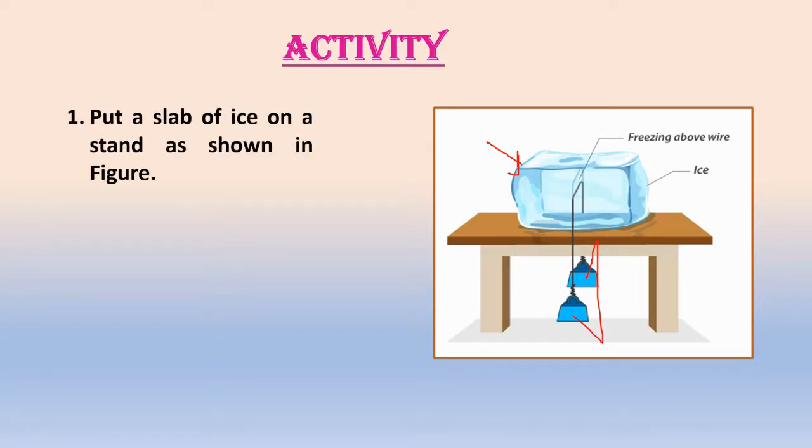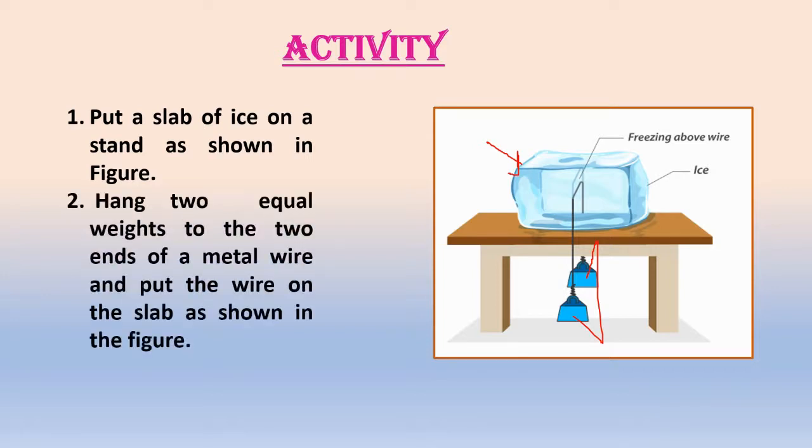So put a slab of ice on a stand as shown in the figure. The second step is to hang two equal weights to the two ends of a metal wire. So basically this is a metal wire, and weights are hanged. And put the wire on the slab as shown in the figure. So what do we observe from this arrangement?